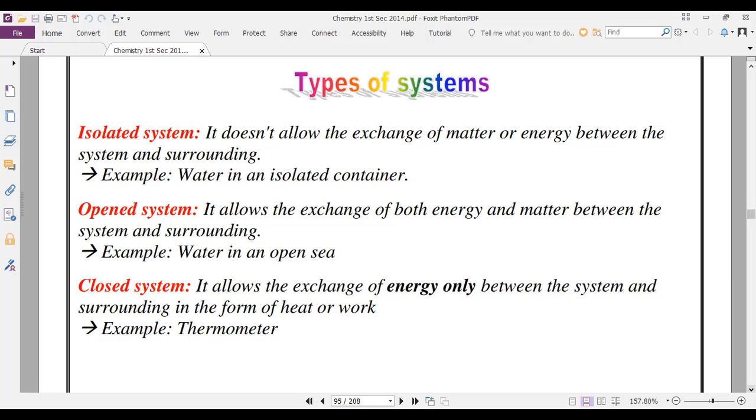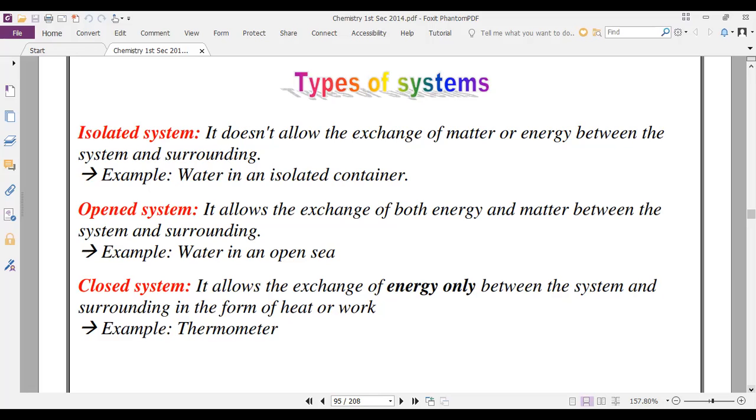If you pour some tea in a cup and this cup is exposed to air, what happens? It allows transfer of heat between the cup of tea and the surrounding air. So it will lose its energy. So it's called an open system.